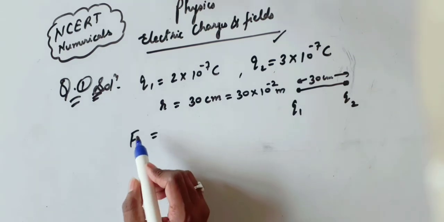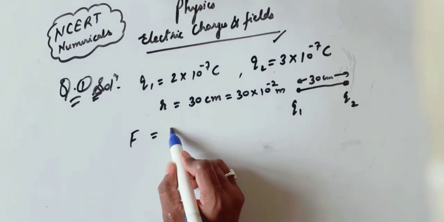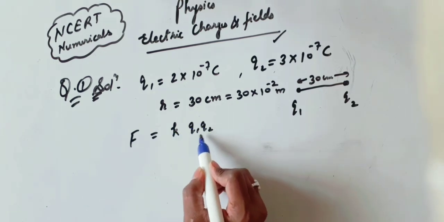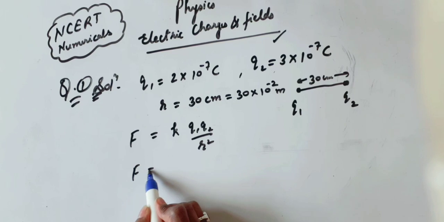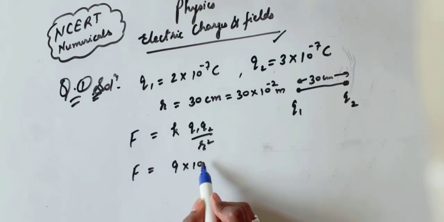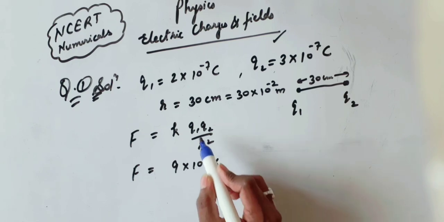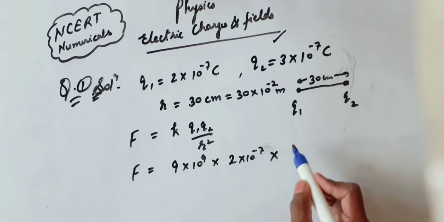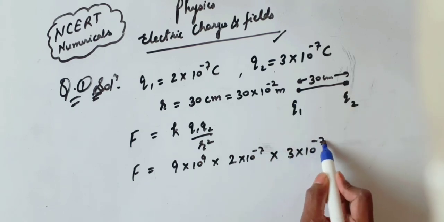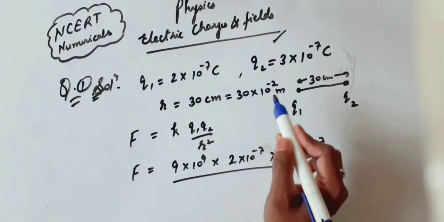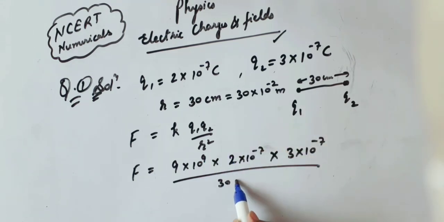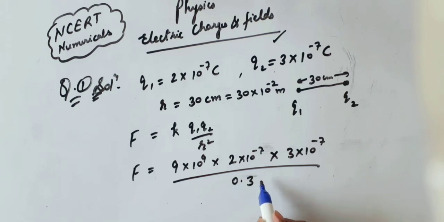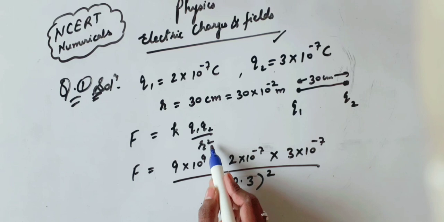Okay, so friends, according to Coulomb's law, we can write here F is equal to k q1 q2 by r square, where the value of k will be equal to 9 into 10 to the power 9, into the value of q1, which is 2 into 10 to the power minus 7, and the value of q2, 3 into 10 to the power minus 7, and the value of r is 30 into 10 to the power minus 2, or we can write it as 0.3, to the whole square, because here is square.